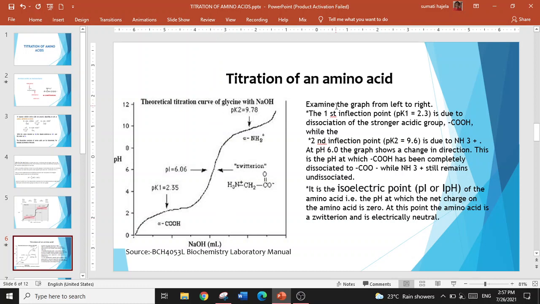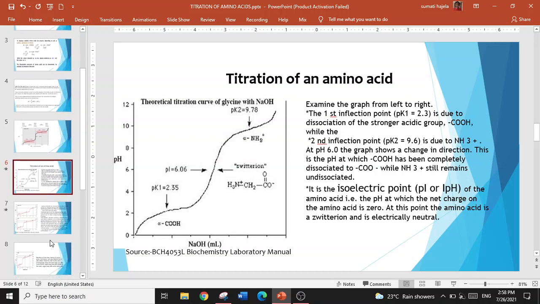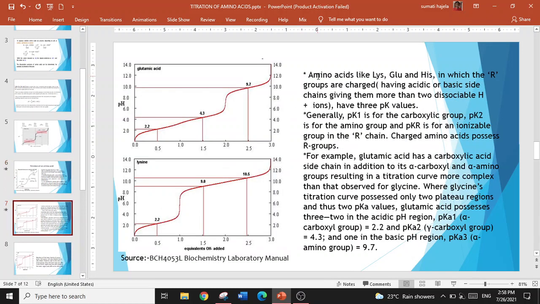Now, ये whatever I already explained you, that is written here. And now next slide. Amino acids like glycine, glutamic acid, histidine, in which R groups are charged, having acidic or basic side chains, giving them more than 2 dissociable hydrogen ions.